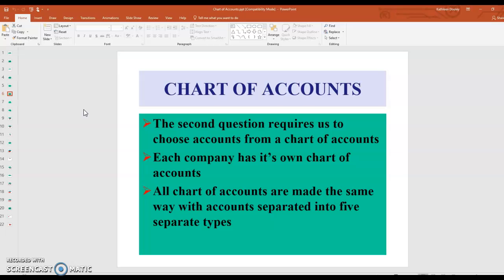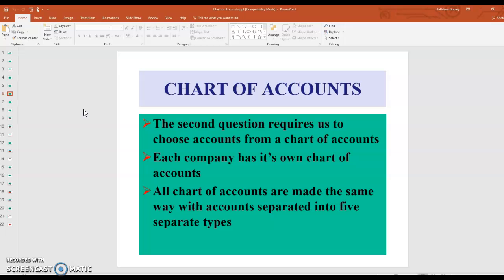But every chart of accounts, and it doesn't have to just be a business, it can be a governmental entity like OC Tech, or a not-for-profit like Meals on Wheels, they all have a chart of accounts. And the charts of accounts are made the same way across the board.